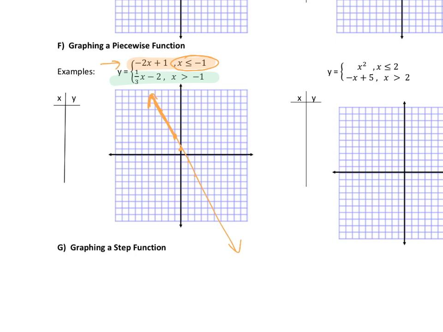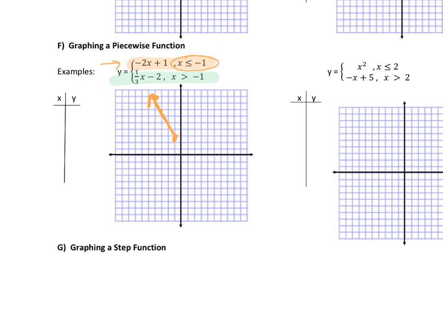What it means is that we do not want to include this part of the graph right there. Now we do have to consider that end point, and because of that less than or equal to sign, we know that should be a solid point there.